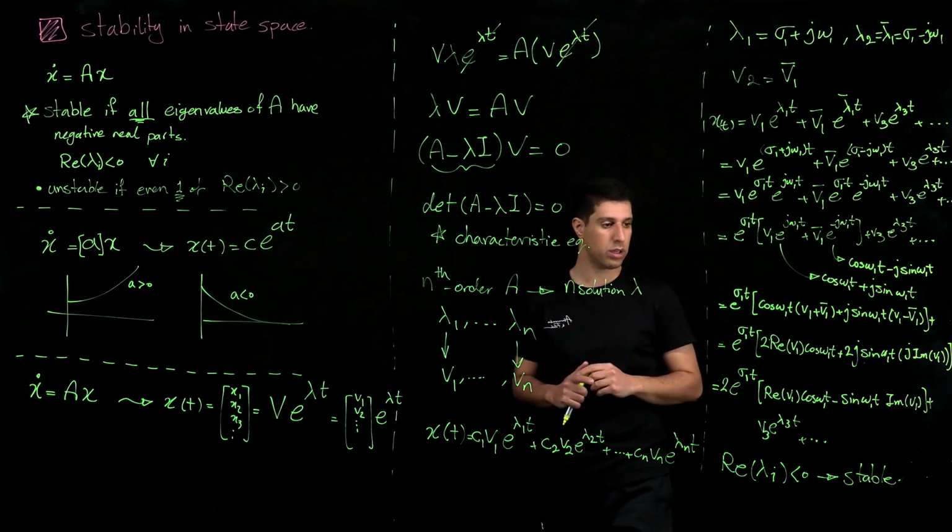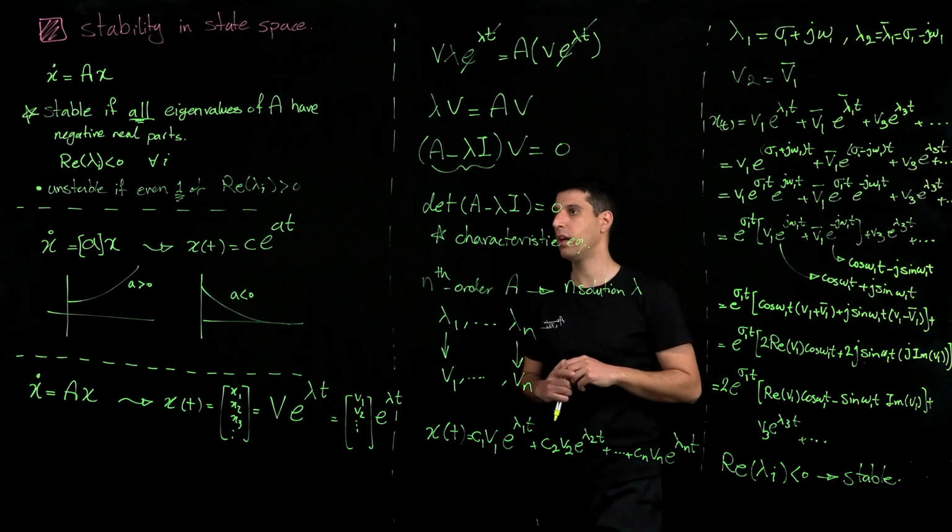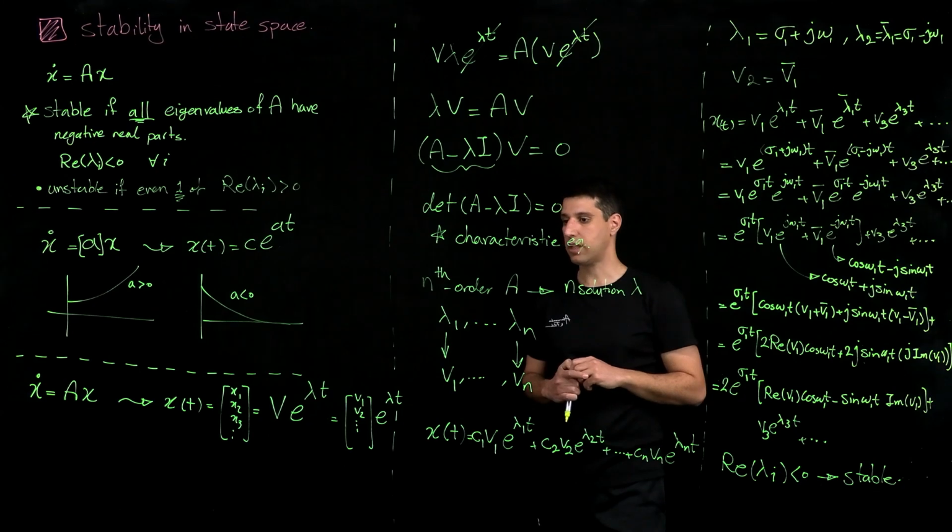That single one will remain and will just keep increasing. So that will make the system unstable.